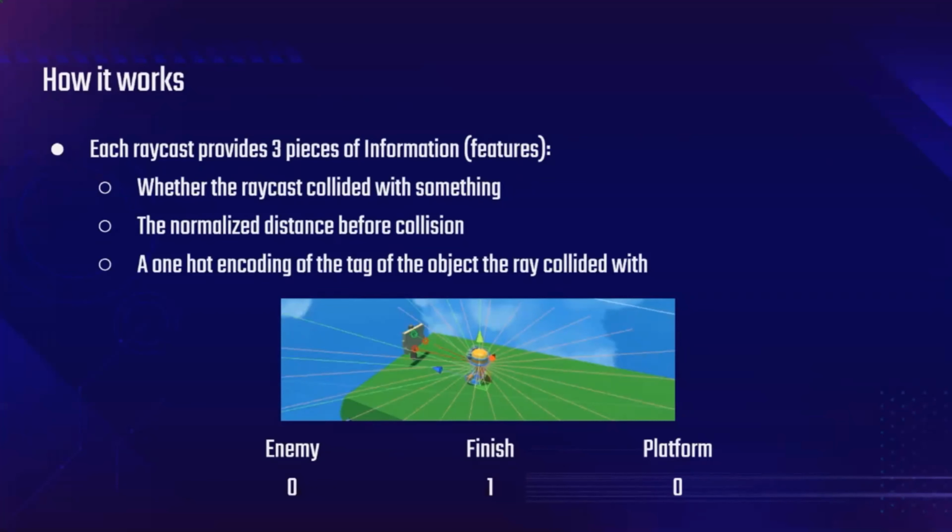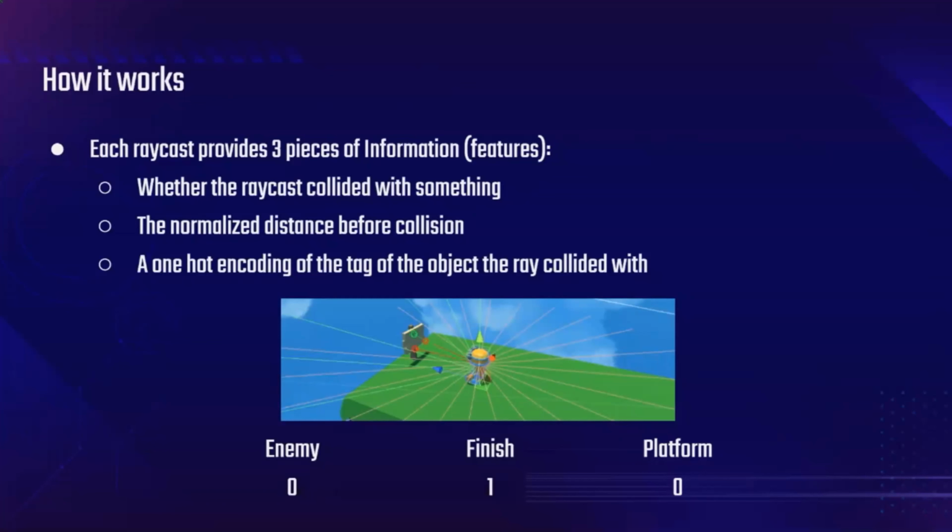Basically, the information provided by these raycasts is that when they hit, they tell you whether or not they hit something. They tell you the normalized distance between the object they are attached to and the object that they hit, and they return a one hot encoded array that contains a set of detectable tags that we give it.